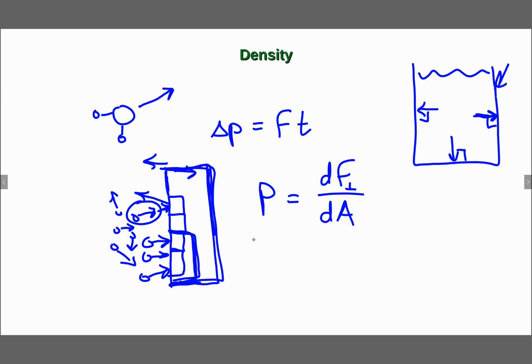And all fluids do this. All fluids have a pressure based on the circumstances that they're in, okay? So the pressure of the water on the glass is dependent upon, first, what fluid is in here, okay? In this case, if we say water, it's dependent upon the properties of water.